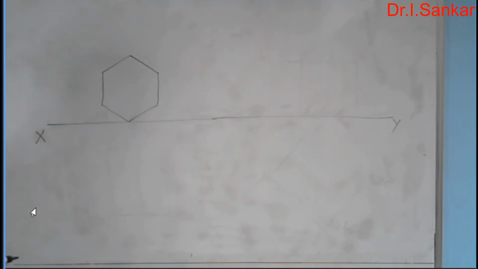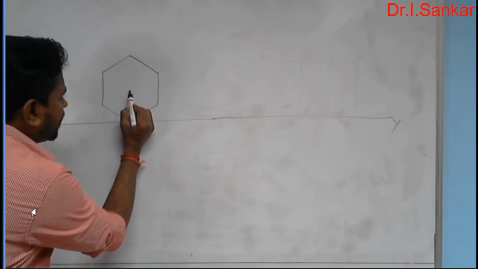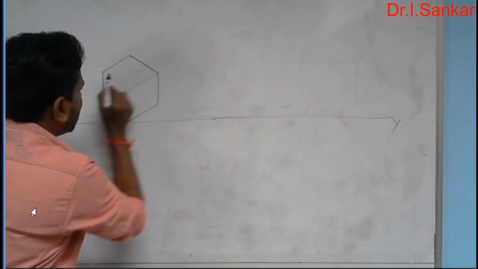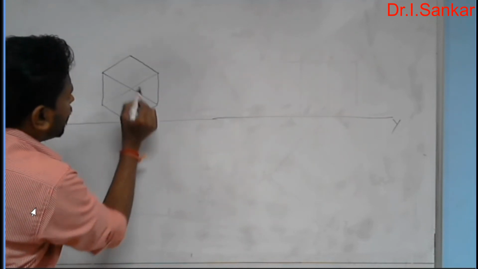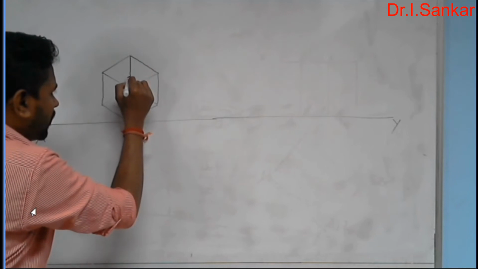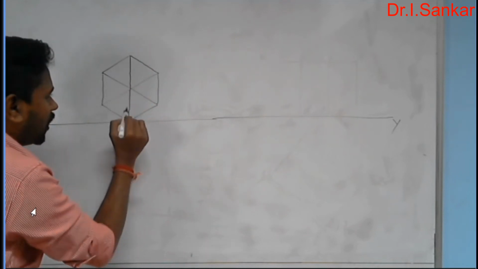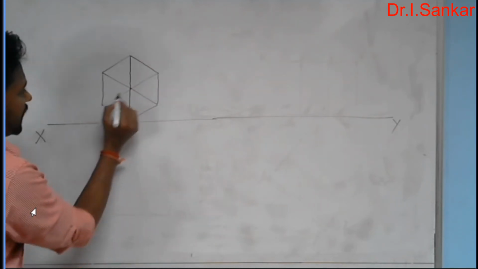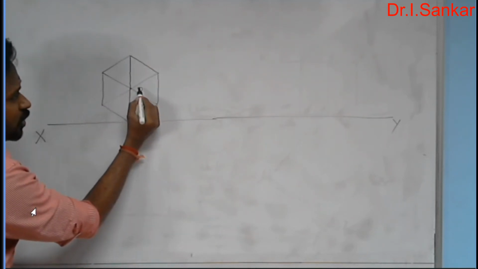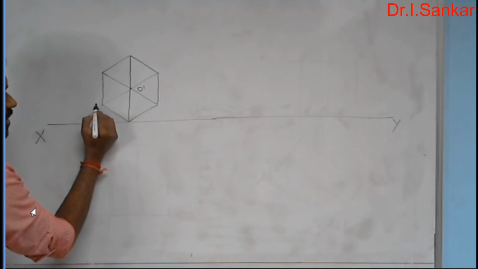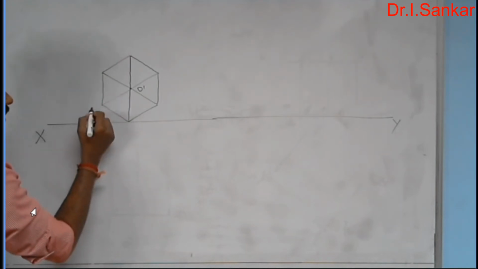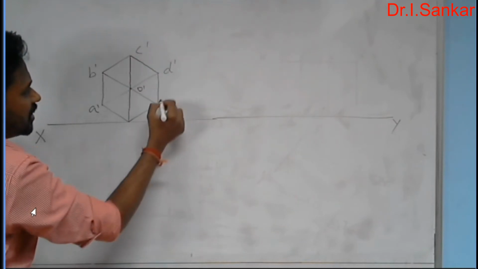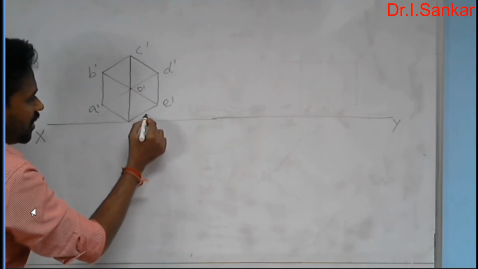Draw the hexagonal base and identify the midpoint. It is actually a pyramid, so don't forget to mark the apex point and the slant edges. The apex point can be named as usual O dash, and the base corners are A dash, B dash, C dash, D dash, E dash, and F dash.